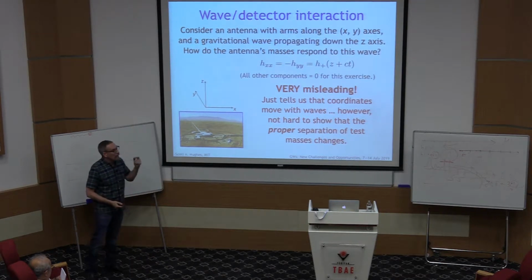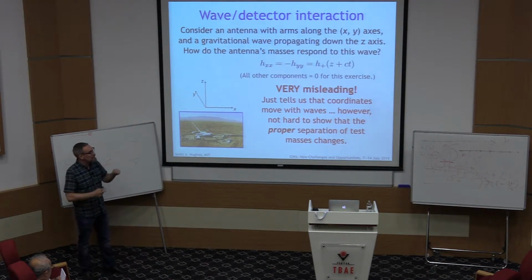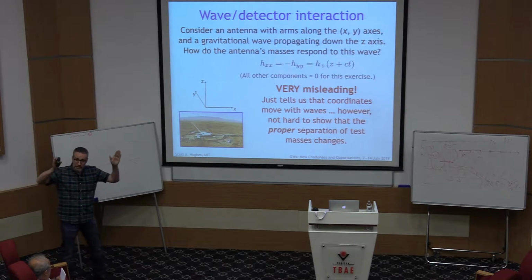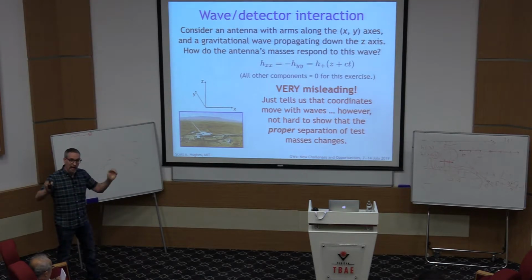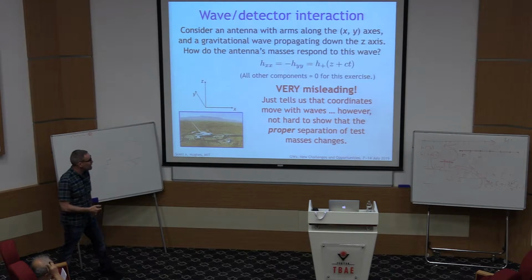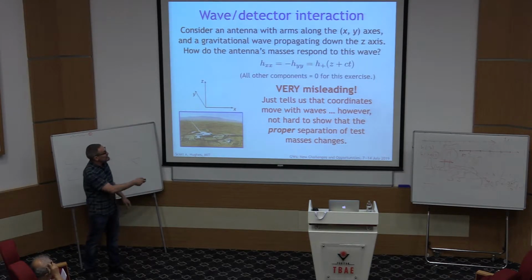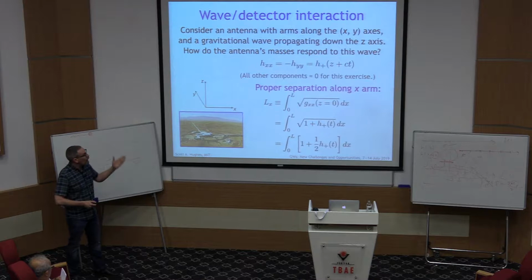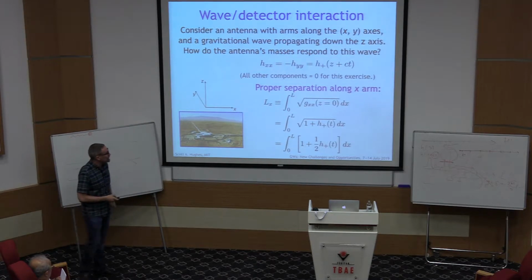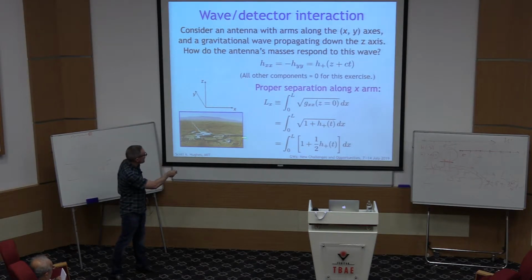What we need to do is put together a calculation that actually pulls out something you can measure, not something that's tied to a specific coordinate system. A simple thing we can do is examine what the proper separation of the test masses will be in this coordinate system. I have them at the ends of these arms here. Let's say I want to know the distance along the x arm.